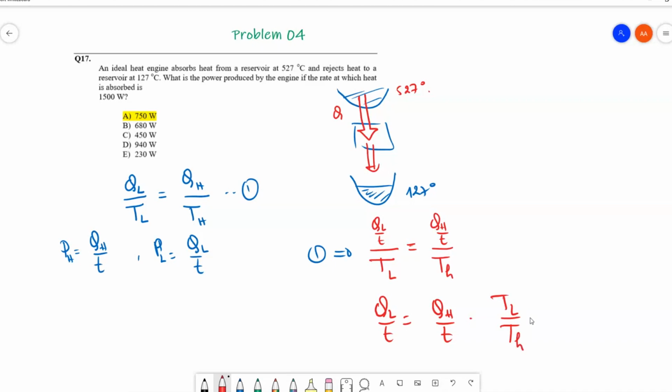Now QH is not given, but QH over T is given, which is 1,500 watt. So the first one is 1,500 multiplied by TL over TH, 127 over 527.